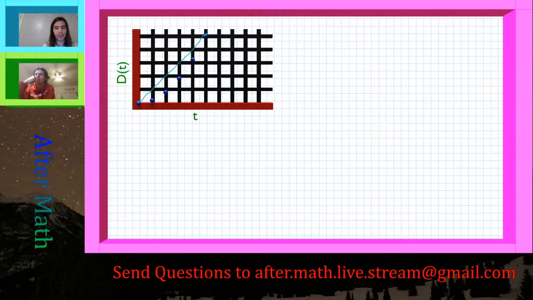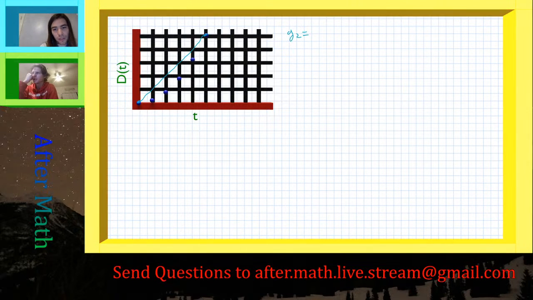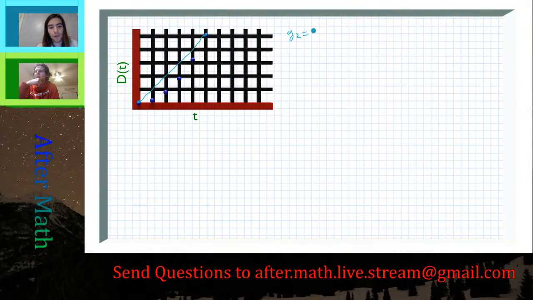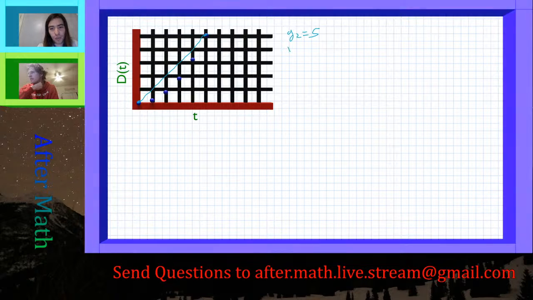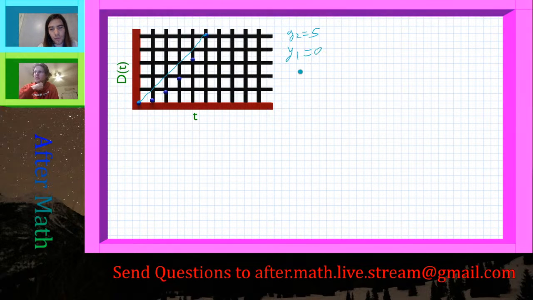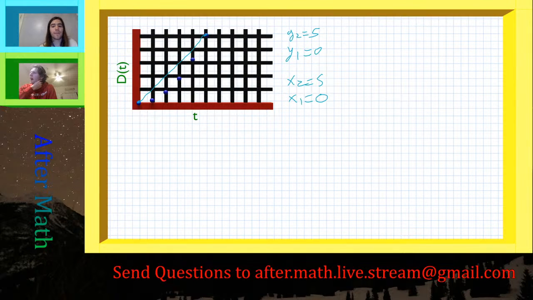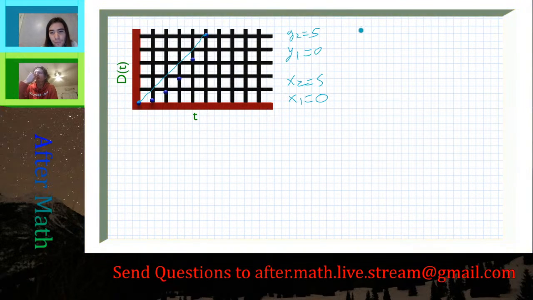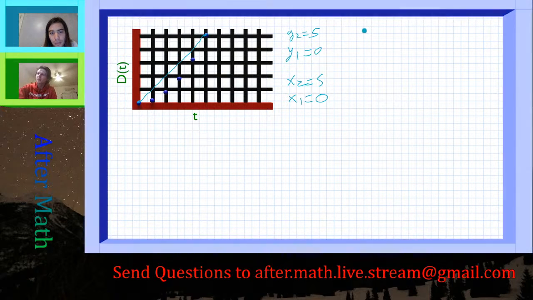So y2 is going to equal 5, and y1 is going to equal 0, and x2 equals 5, x1 equals 0, okay? And if we find that slope, we'll get 1, right? Yes.